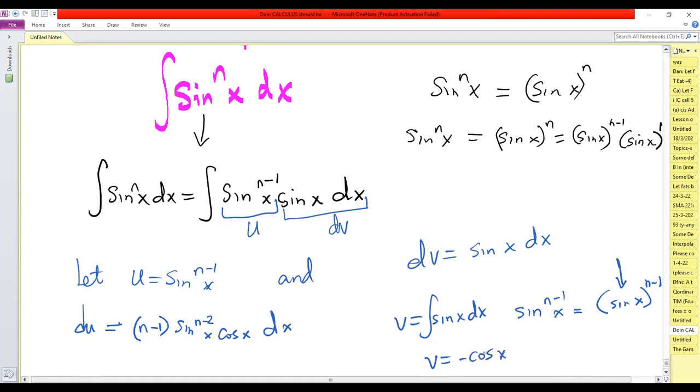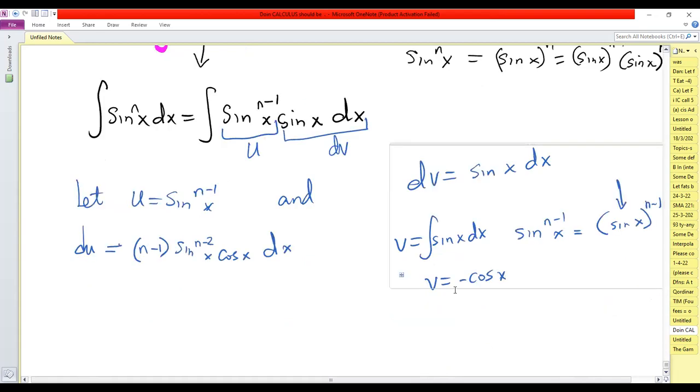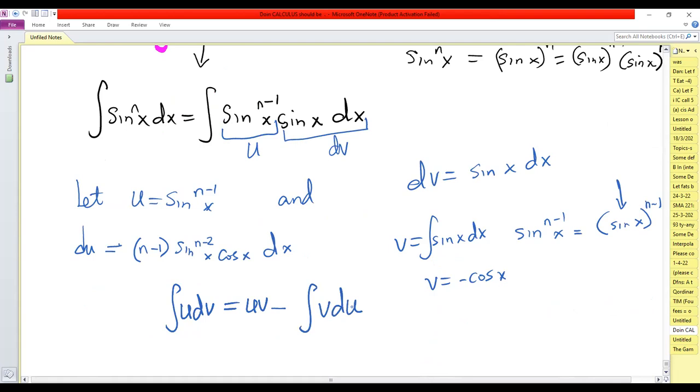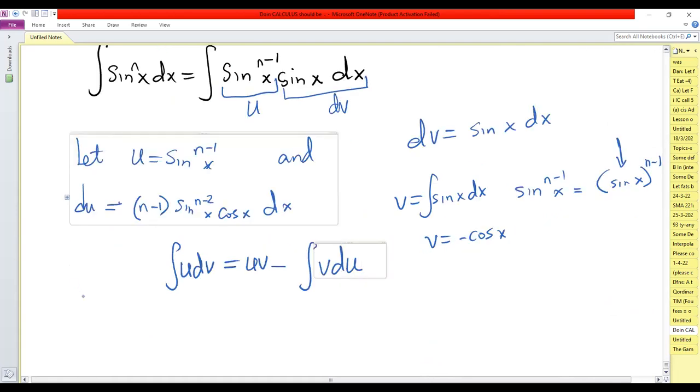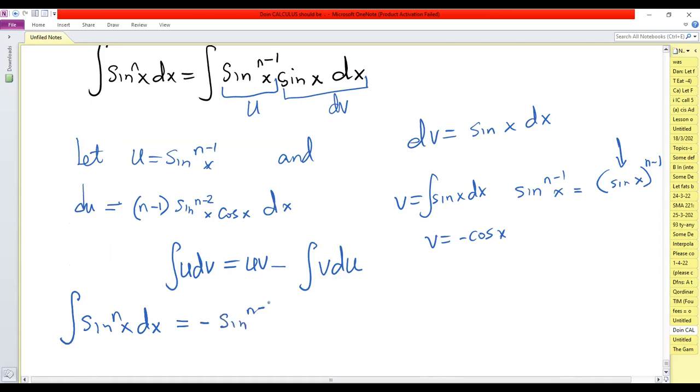So we have a u, we have a du, we have dv, and then we have v. So the integration by parts formula is the integral of u dv is uv minus the integral of v du. Which means that the integral of sine power n x dx is the same as uv, so I'll have negative sine raised power n minus 1 x times cosine of x.